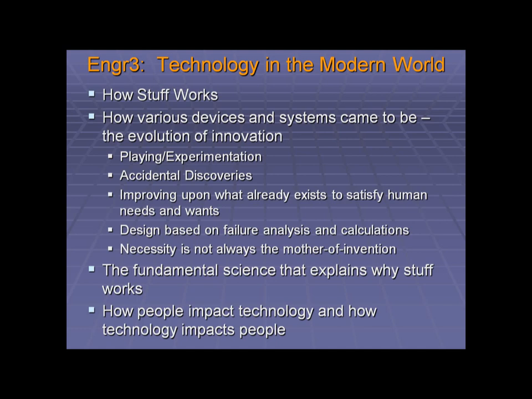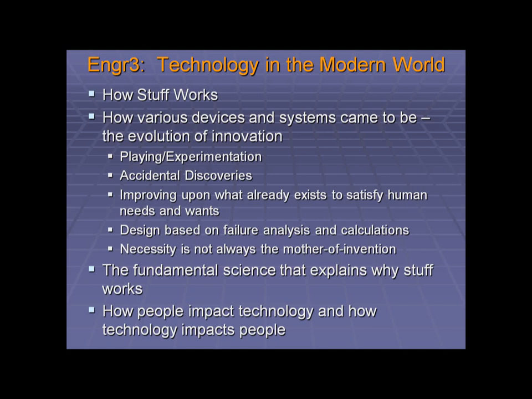Technology in the modern world: how stuff works and how various devices and systems came to be is the evolution of innovation. It involves play, experimentation, accidental discoveries, and many other sources of the technologies of our modern world.